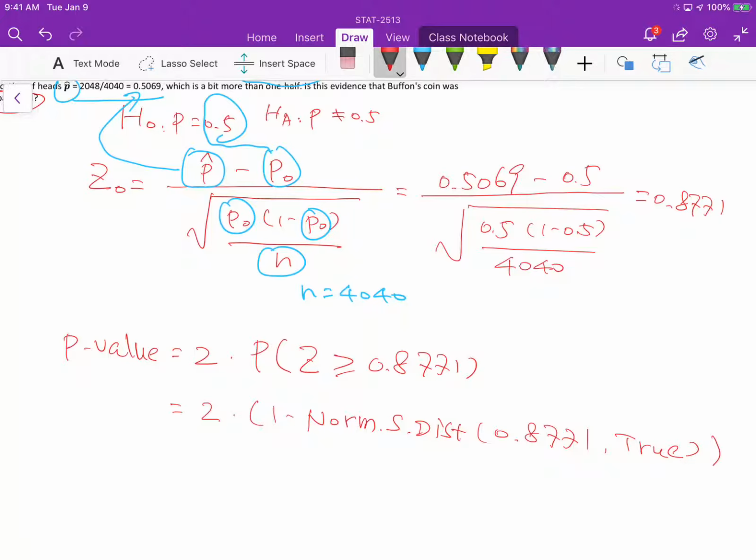If you put this in Excel, you will get a p-value of 0.3804. To make a conclusion, we compare the p-value with a significance level alpha. In most cases, alpha is 0.05. This value is greater than alpha, so we fail to reject the null hypothesis. And so we will say there is no evidence to believe that the coin was not balanced.